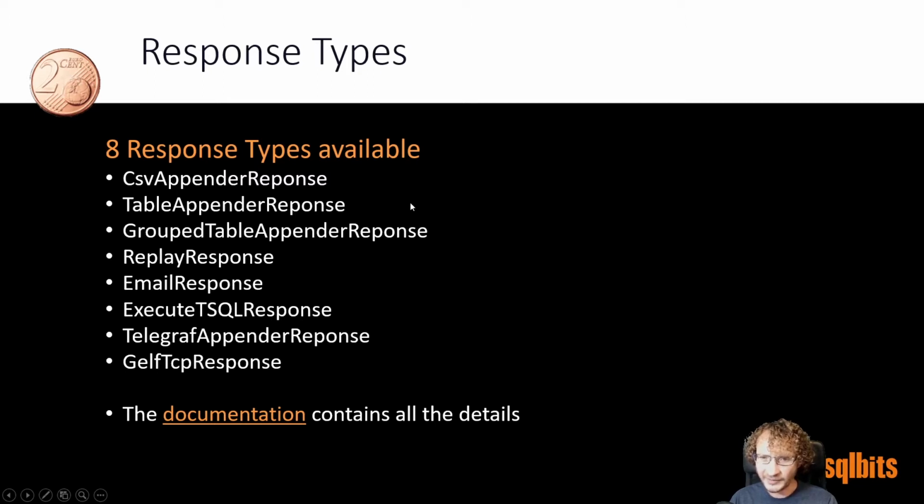And then we have another version of the table appended response, the grouped table appended response, and this one will try to group rows together and summarize them by aggregating and grouping rows. And then we have a replay response that will extract the text from SQL batch completed and RPC completed events and try to replay those events to a target instance.